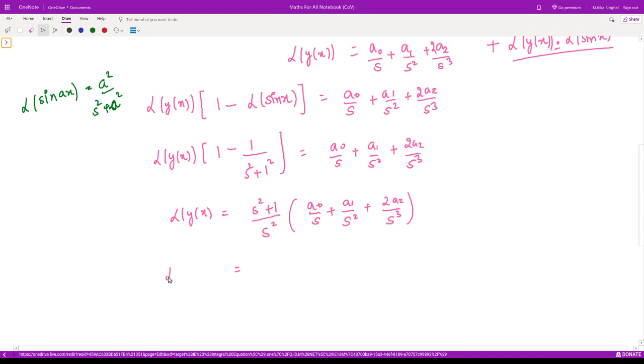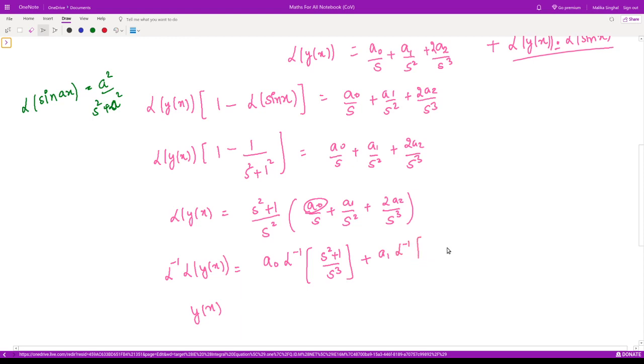So you will have Laplace inverse of Laplace of y of x, which would ultimately be y of x, right? And here you have a naught, you can take a naught common because this is constant. Laplace inverse of s square plus 1 divided by s cube. Second term is a1.